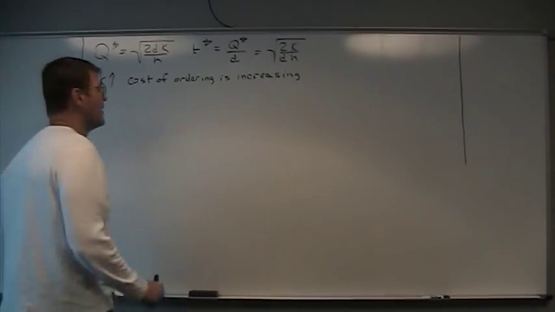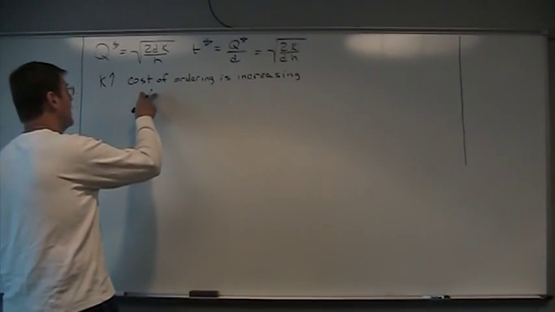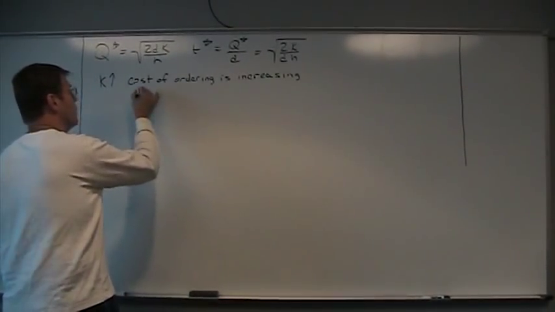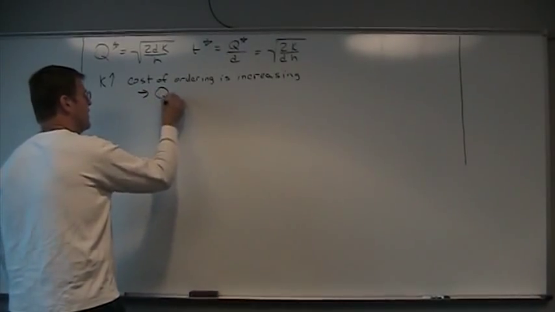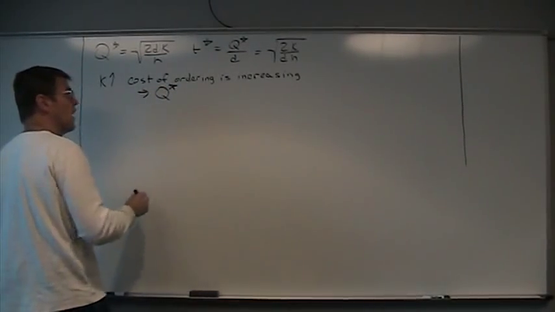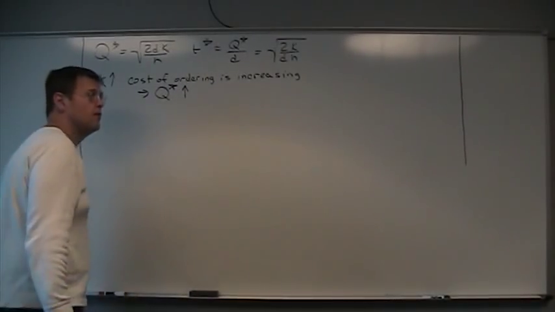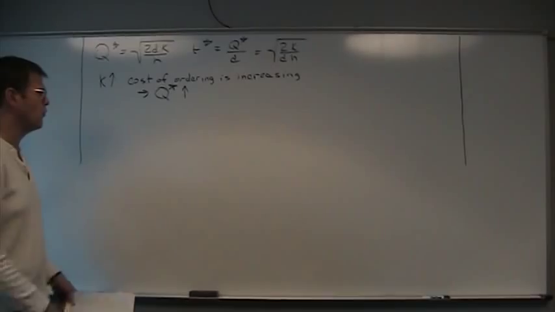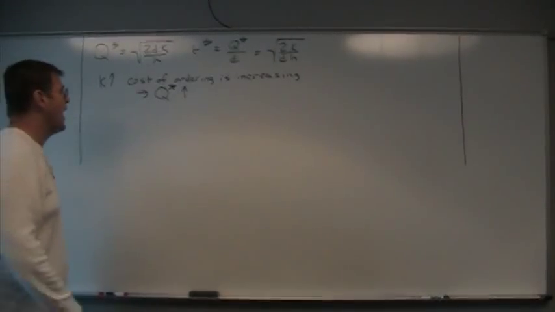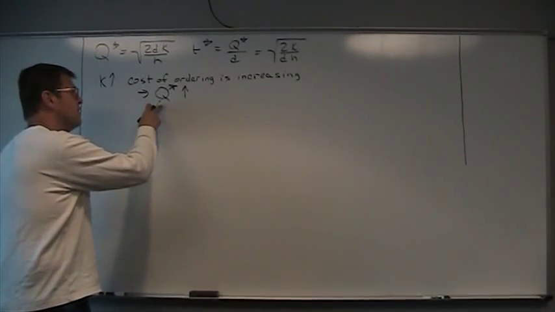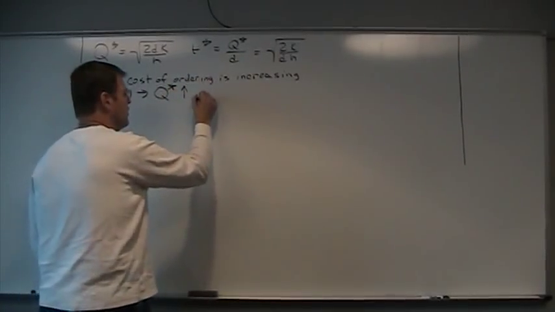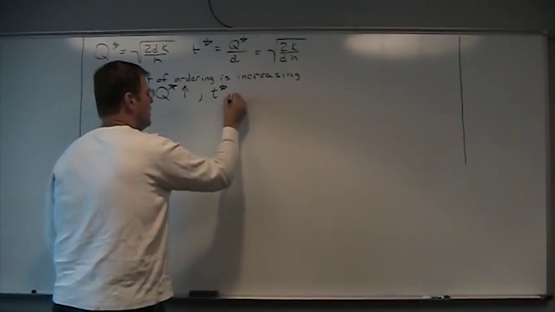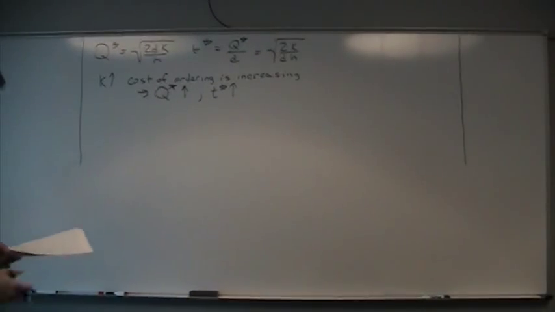So when K increases, Q star, your order size, will increase because you're going to order fewer times, but you still need to order the same amount over that longer period. And if your batch size is increasing, then T star is also increasing because you're going to go longer in between orders.